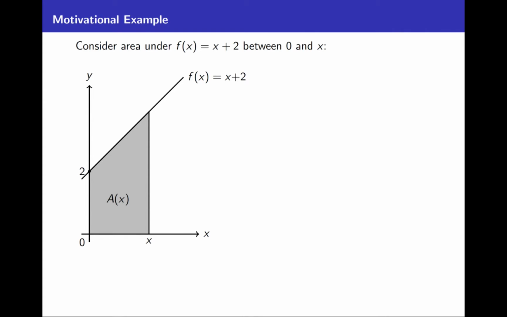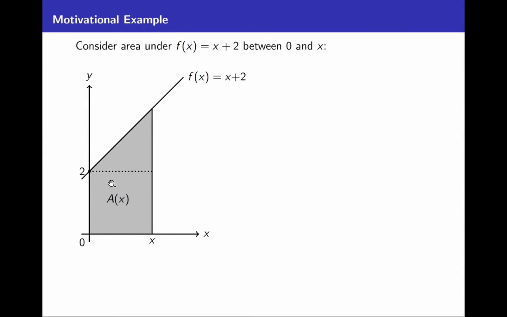Now, what I want to do here is see if we can get an actual formula for this A of x, and then we're going to see an interesting pattern pop out. A of x, this shaded region, really consists of two familiar pieces. There's a rectangle at the bottom and a triangle at the top.